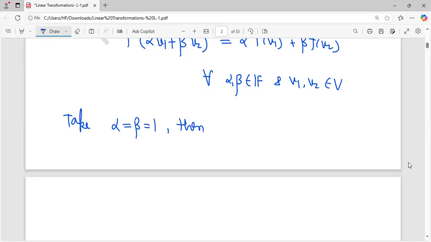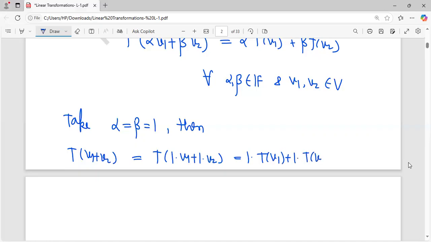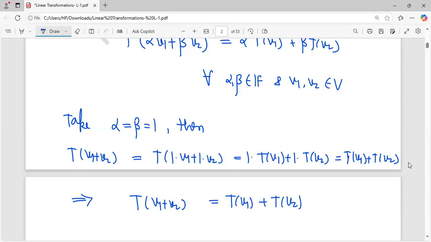Then T of v1 plus v2 is equal to T of 1 v1 plus 1 v2, which is equal to 1 T v1 plus 1 T v2, which is equal to T v1 plus T v2. So this implies T of v1 plus v2 is equal to T v1 plus T v2.